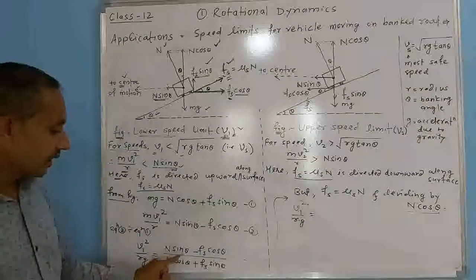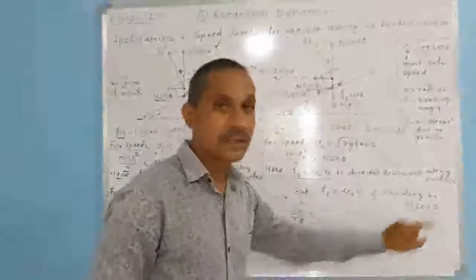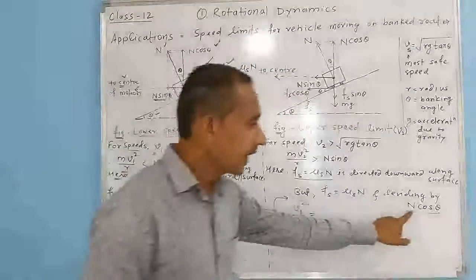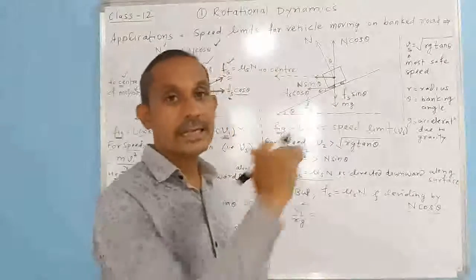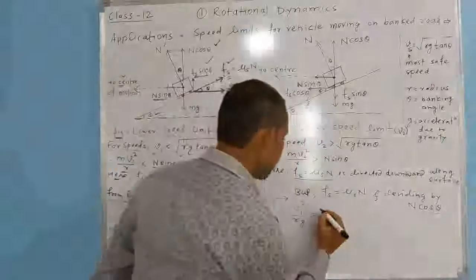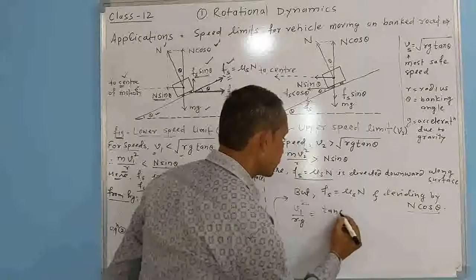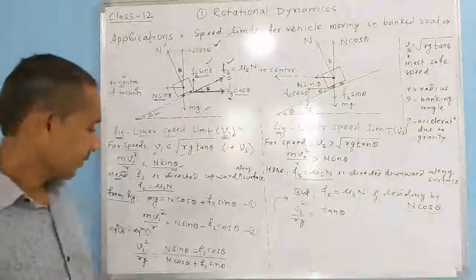N gets cancelled, but sin upon cos we get tan theta. We get tan theta. Then minus sign.